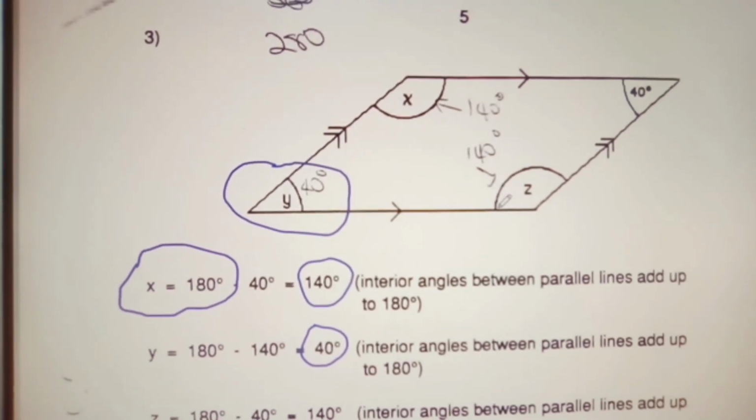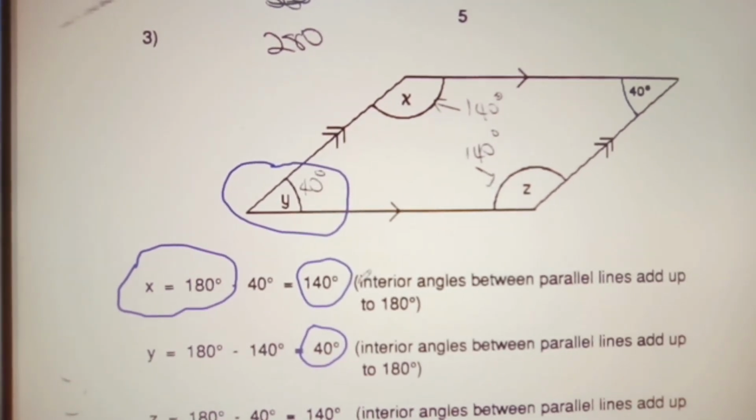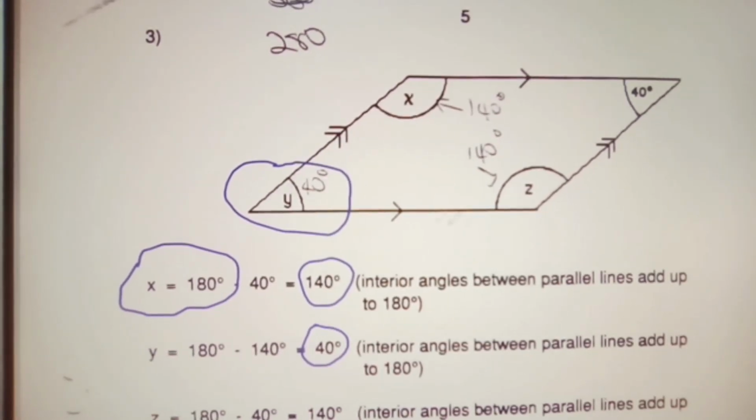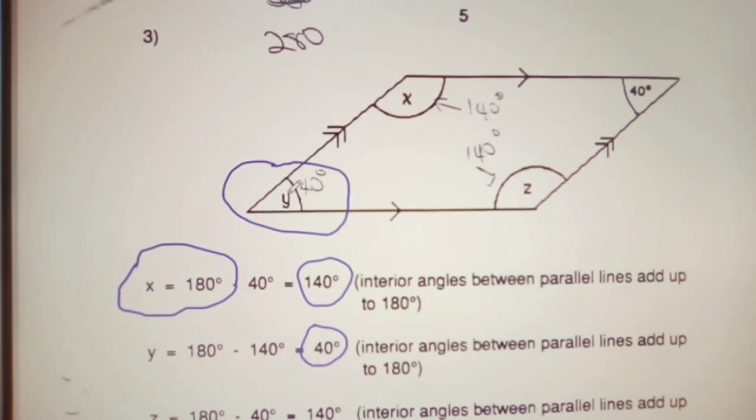Now z, the angles here have to add up to 180. So z, we know y is 40, and the angles here and here should be 180.